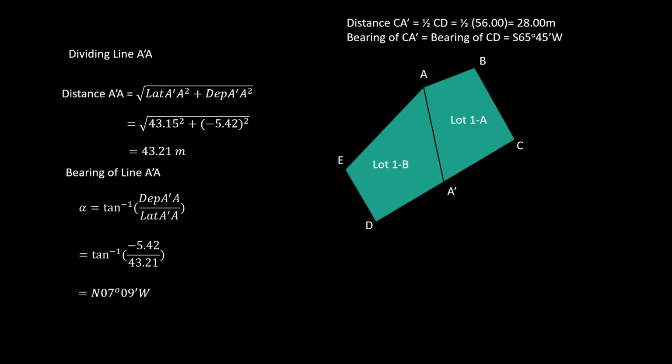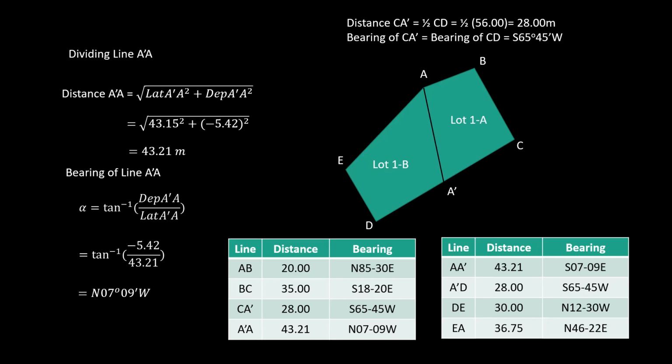So here is the subdivided lot. The resulting lots are lot 1A and lot 1B. So we tabulate the bearings and distances of the lines comprising each sublot.